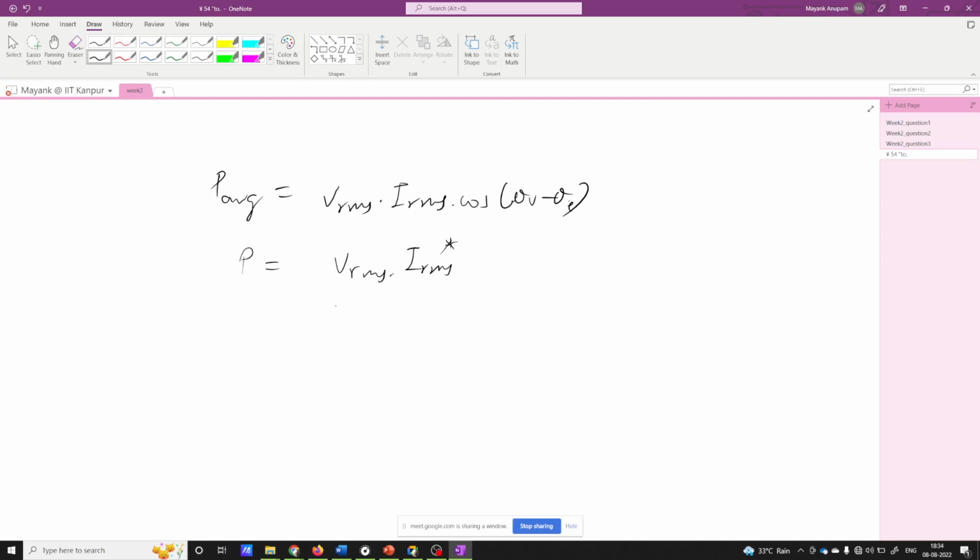And when you expand this, VRMS times IRMS conjugate is equal to the magnitude of VRMS times IRMS times cos of theta V minus theta I plus j sin of theta V minus theta I, isn't it?